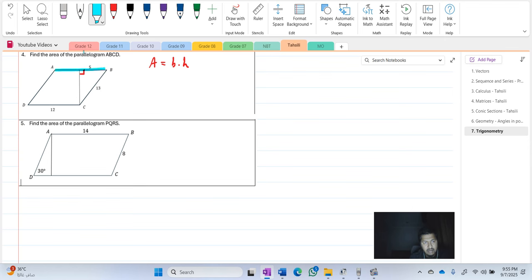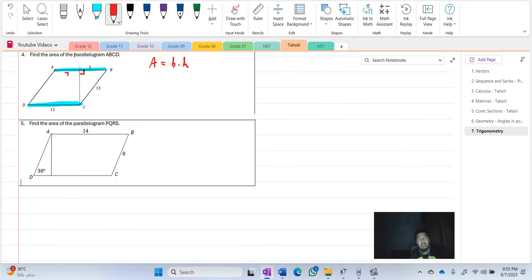Now properties of parallelogram, that is that opposite sides are equal. Remember that distance from there to there is already 5. So the reason why I shaded this in and shaded this in is because the entire distance is 12. So if I only want the distance from there to there, 12 minus 5, that's going to give me 7.